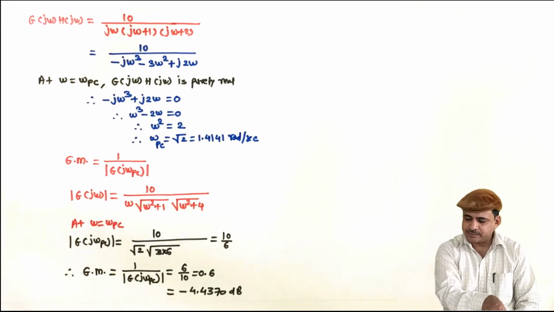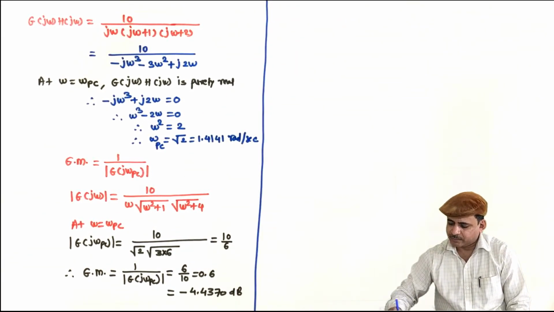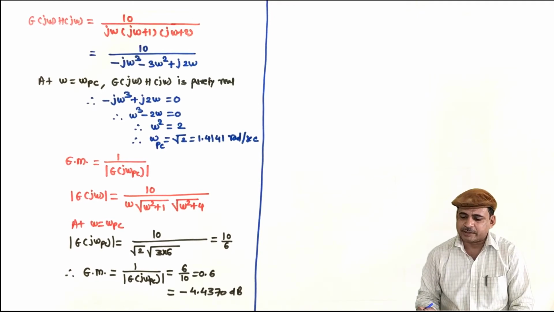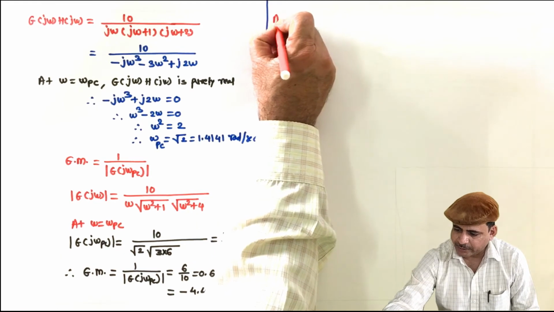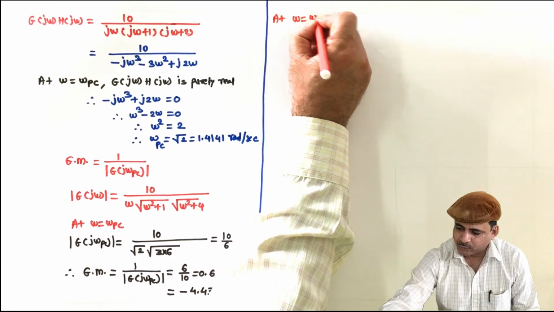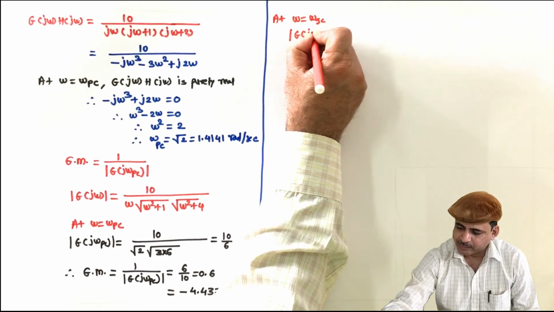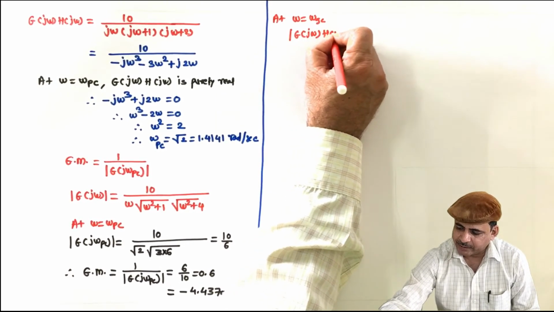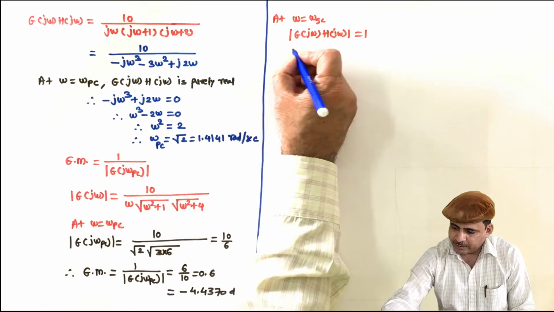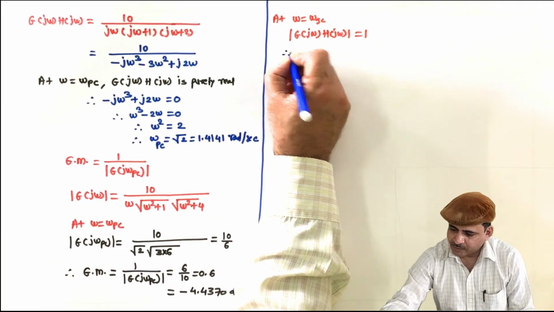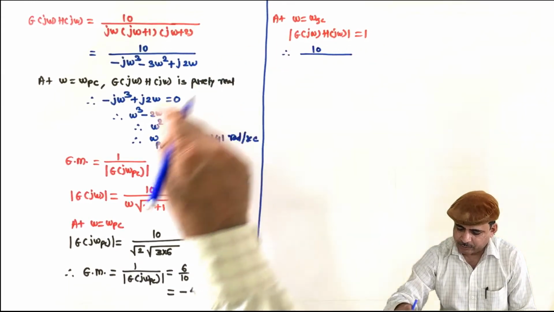So the next part is obtaining the gain crossover frequency and phase margin. For that, at omega equal to omega gc, the magnitude of g of j omega h of j omega is equal to 1. And so 10 upon this magnitude is given here.